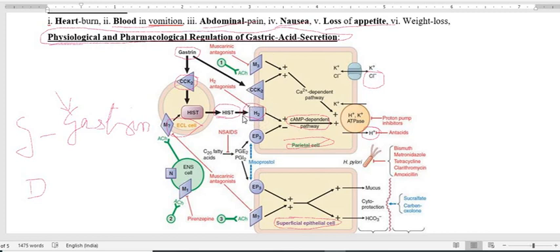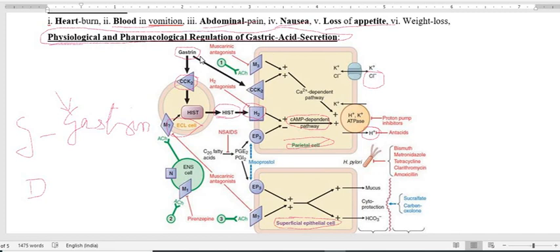Therefore cyclic AMP will not be formed in the parietal cell, activation of the enzyme will not occur, hydrogen ion will not be released, and finally hydrochloric acid will not form. So this is the indirect pathway of gastric acid release by gastrin.